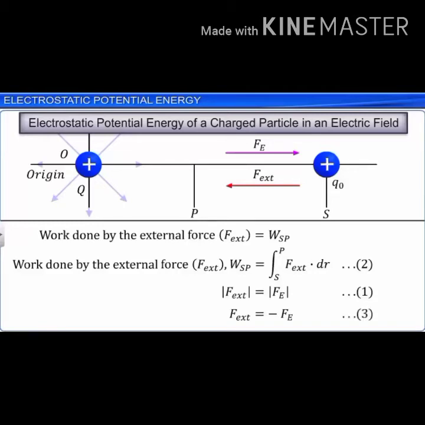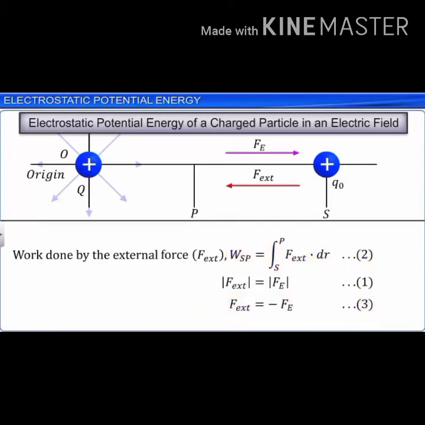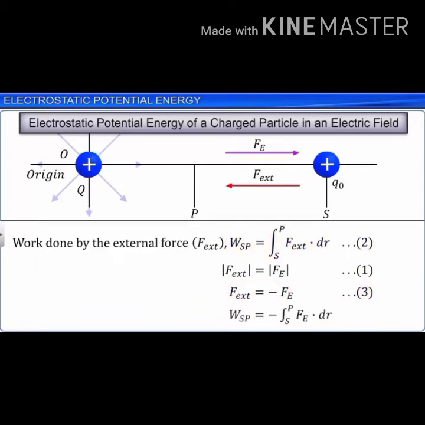Now, from equations 2 and 3, we get WSP is equal to negative integral of Fe dr between the limits S to P, which will be equation number 4.